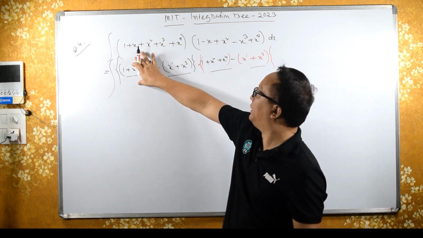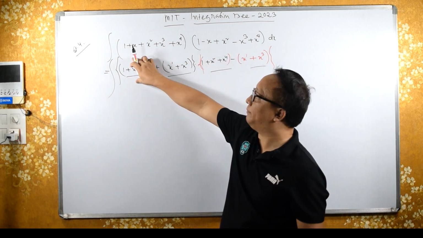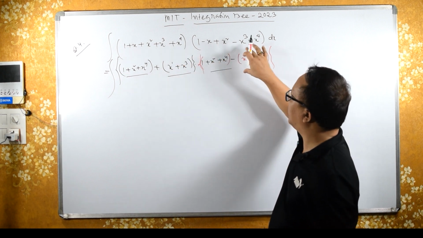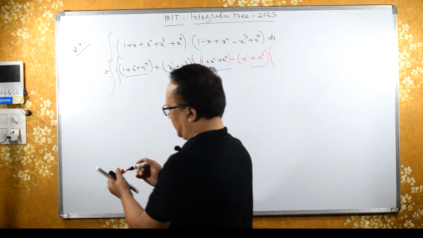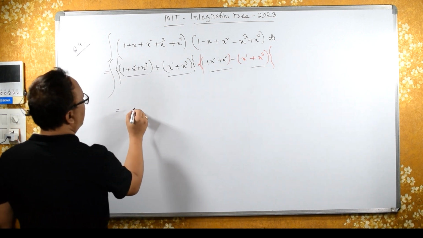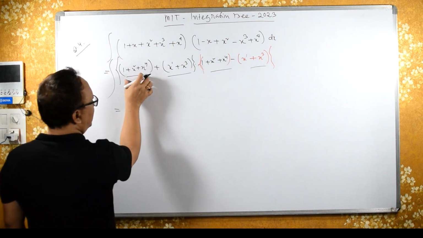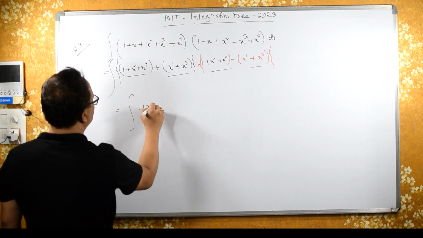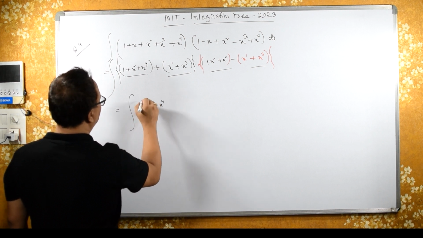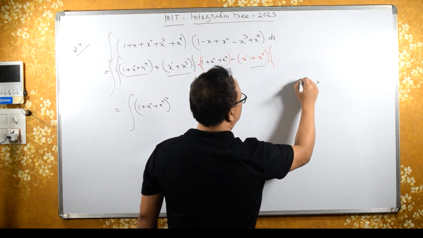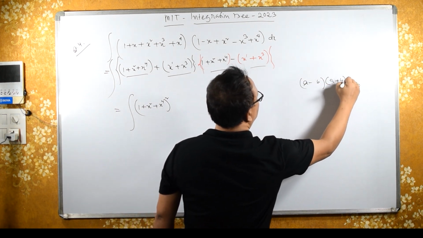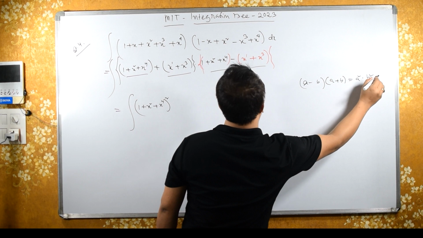The first term and this term are same, and this function and this function are same. We have a minus b into a plus b is a square minus b square. Here the integral we have is 1 plus x square plus x4 whole squared, minus.